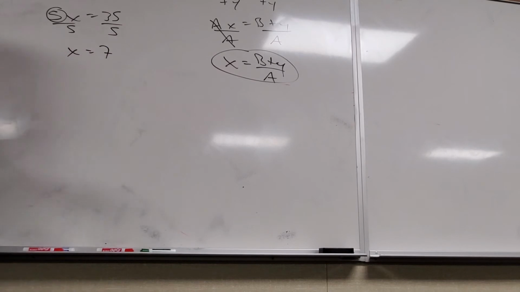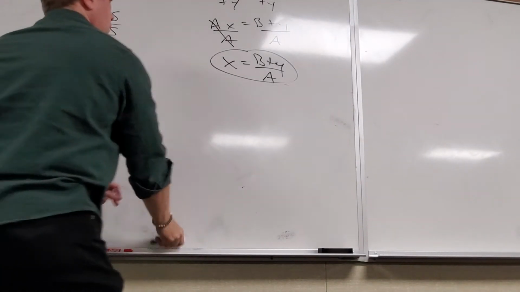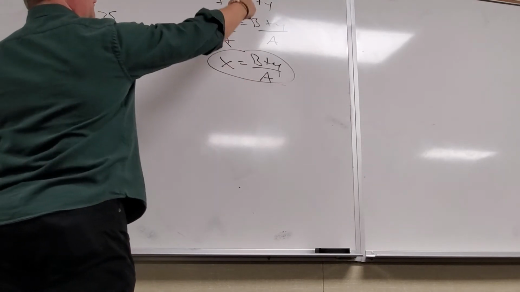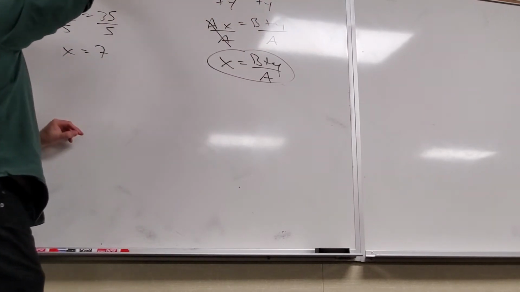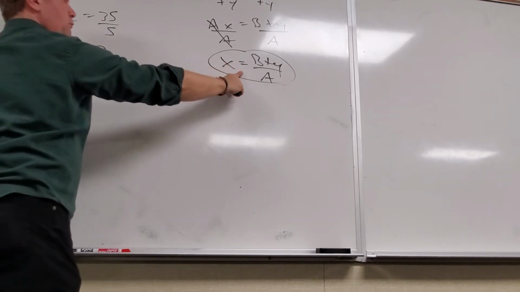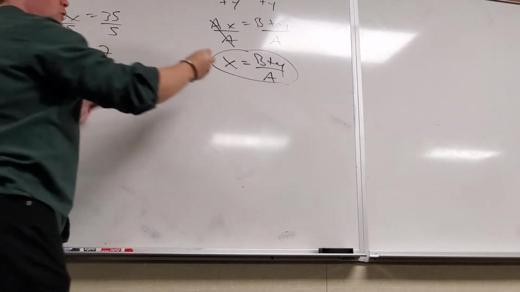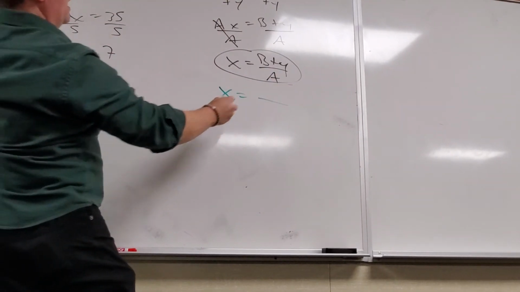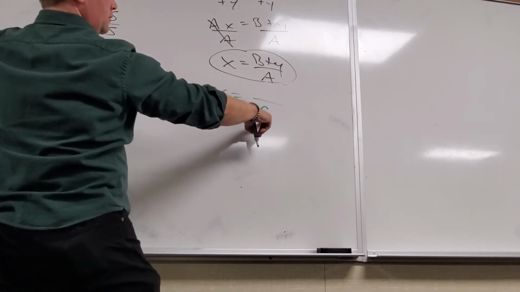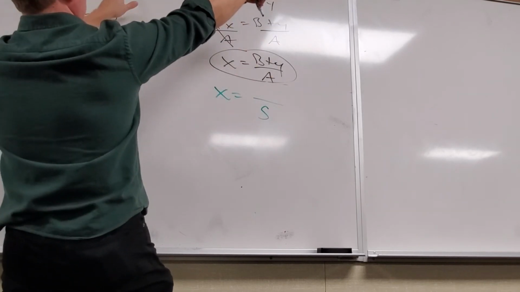Now watch. This is kind of cool. Here's the next level of this. This is a way to solve anything that looks like this. So if I know what A, Y, and B are, this will tell me what X is. What was A? 5. What was B? 25.